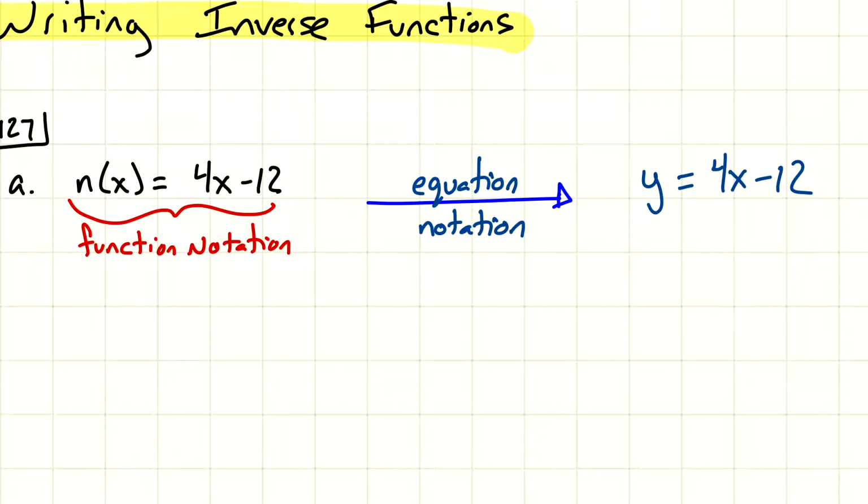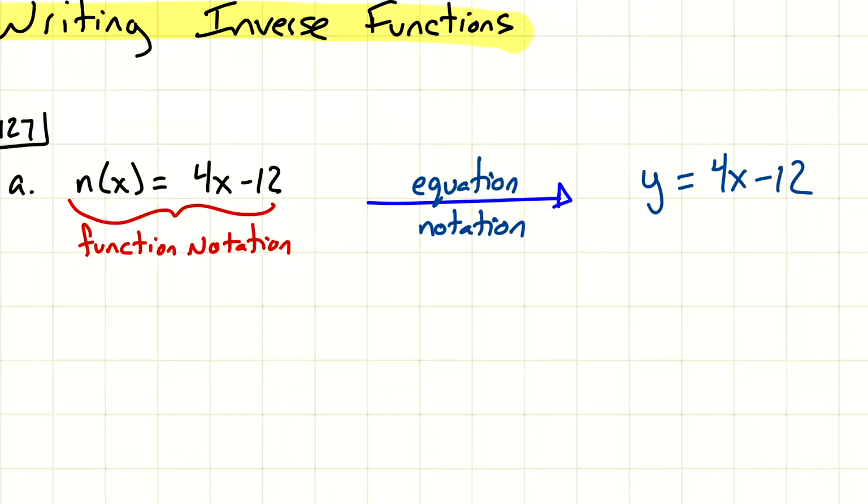All right, hopefully that seems easy enough. We're just rewriting it. The reason we're doing that is so we can make an easy change and get an inverse function. If you didn't already notice, when we did the previous problem, the input and the output got swapped.